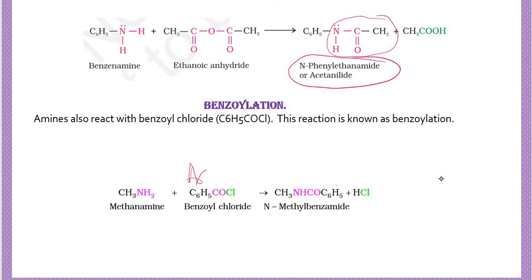Now this is the benzamide and CH3 is the side group. So N-methyl benzamide. So we are putting a benzoyl group, so we call it a benzoylation reaction. And to put an acyl group, we know that we can take acetic anhydride also, or you can take acid halide also.